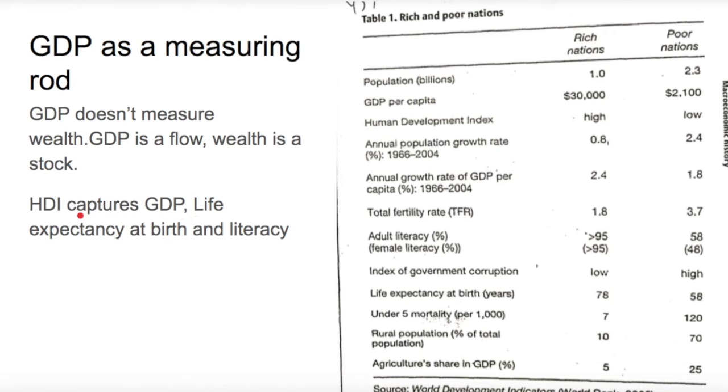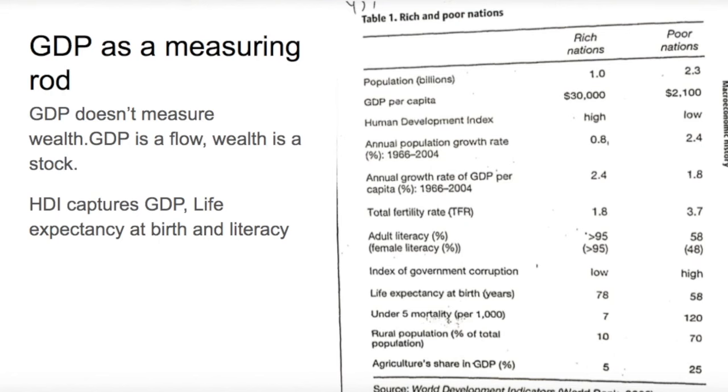HDI captures GDP, life expectancy and literacy, takes all these factors into account and creates an index. Based on the value of this index, you can categorize economies as developed or underdeveloped and so on.